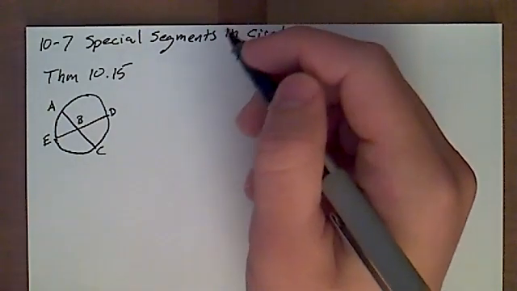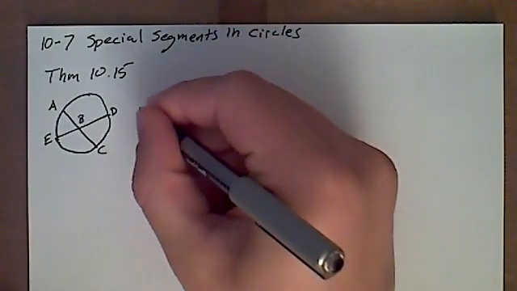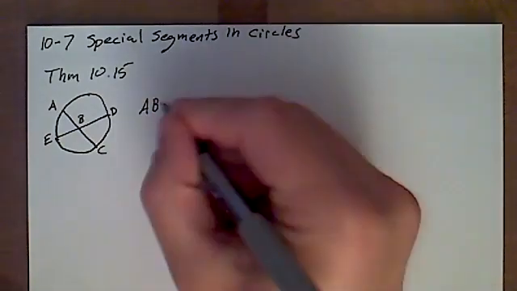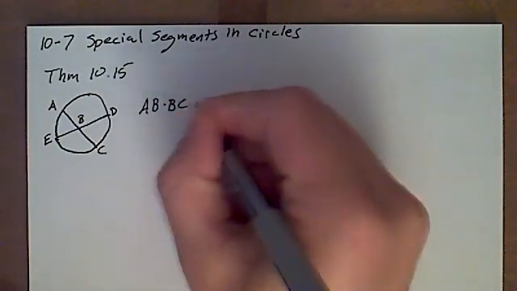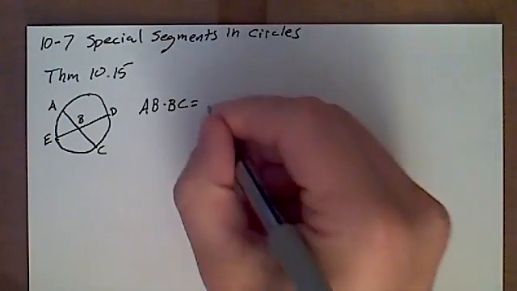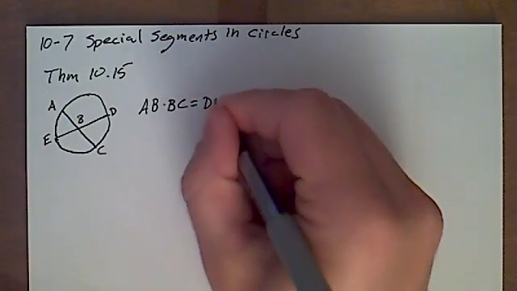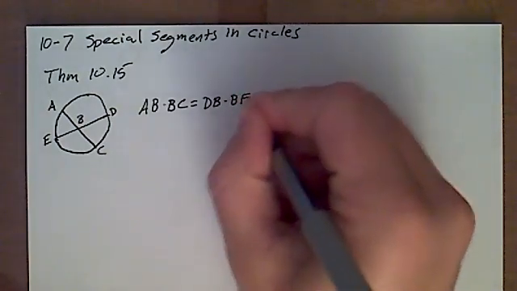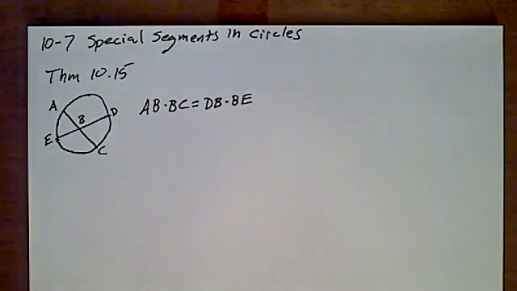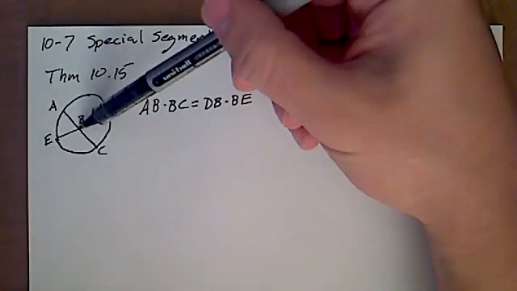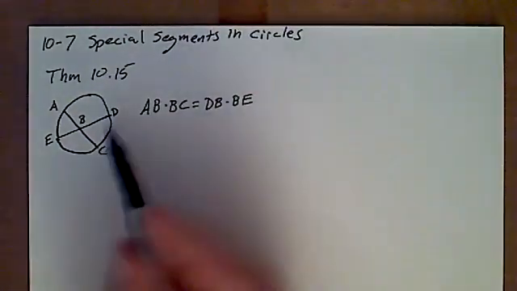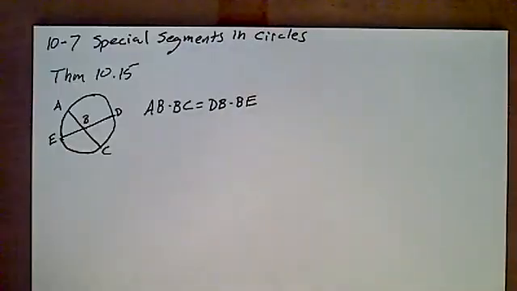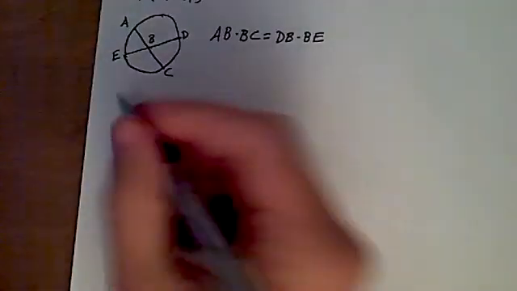What that looks like is simply that the product of one pair of the chord segments is equal to the product of the other. It is from the same chord, so it's AB times BC equals DB times BE, and that gives us the first one here.